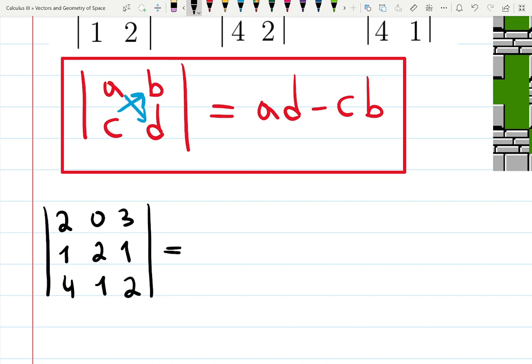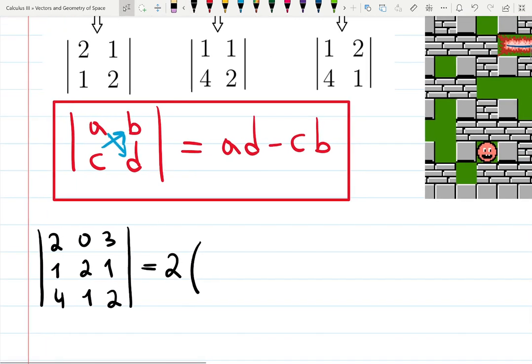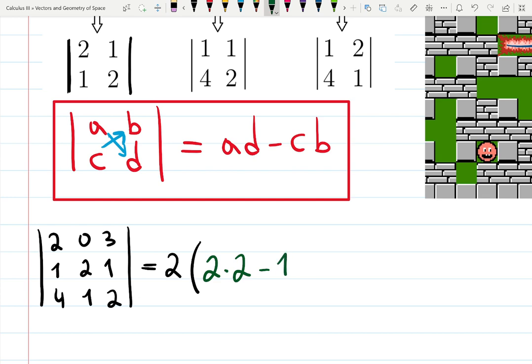I'm choosing the first row, so it will be 2 times, and instead of showing this determinant, I immediately open parentheses, and I'm writing, let me do a different color, 2 times 2 minus 1 times 1. Did you catch what I just did? Let me know if you didn't, because that is a lot of weird little steps. But if you do it a couple of times by yourself, you kind of get it. So here it is.